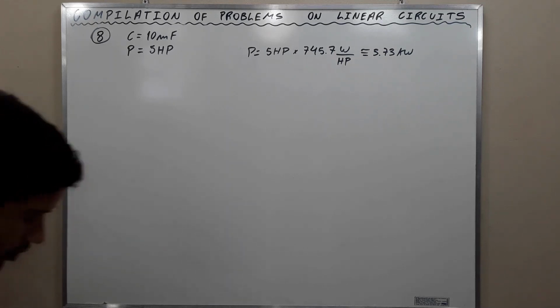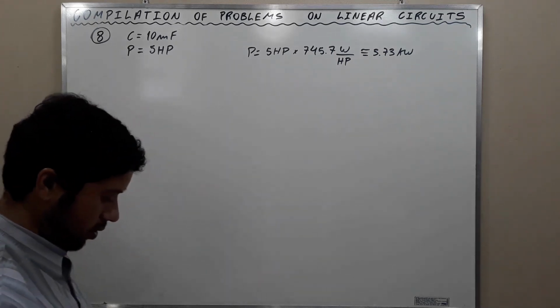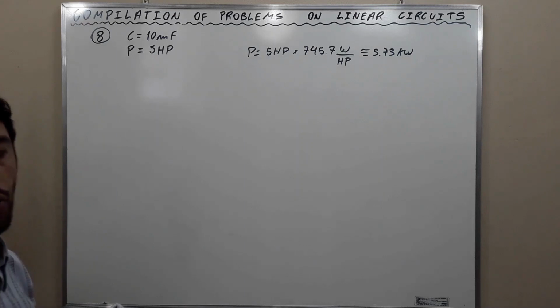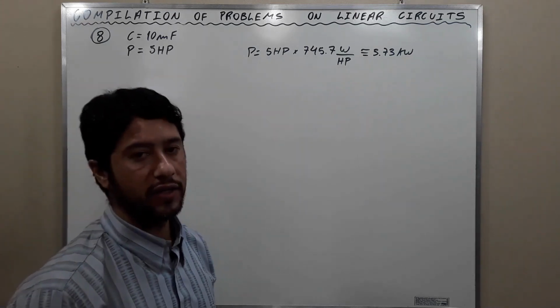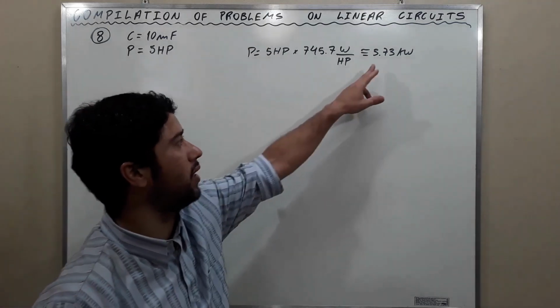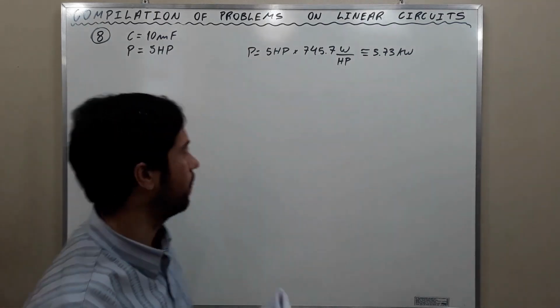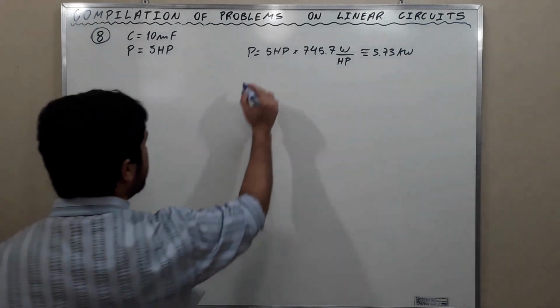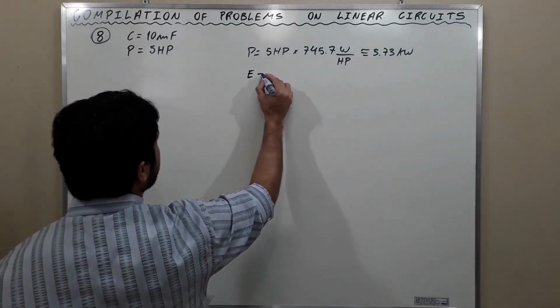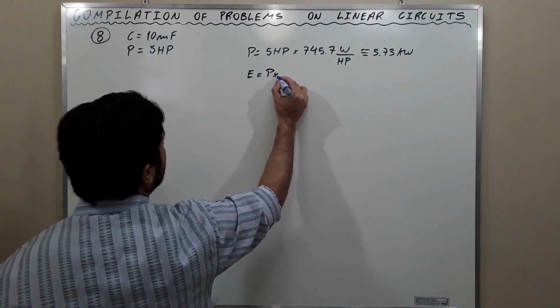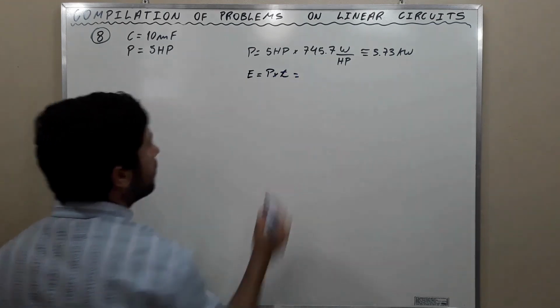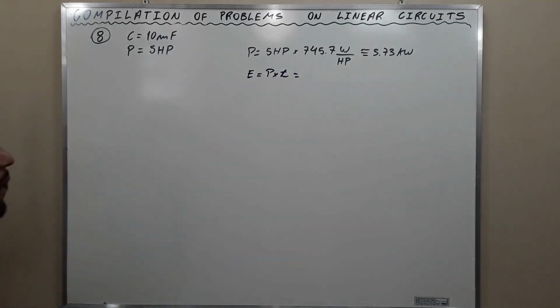And the energy, we want an amount of energy in 1 hour, okay? An amount of energy that is capable of supplying for 1 hour this amount of power. The energy will be power times time.